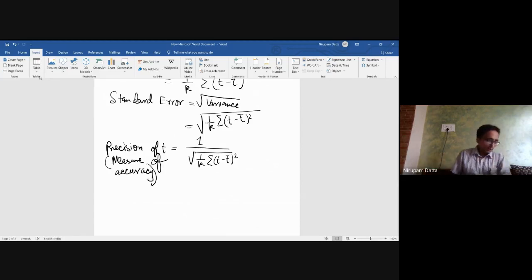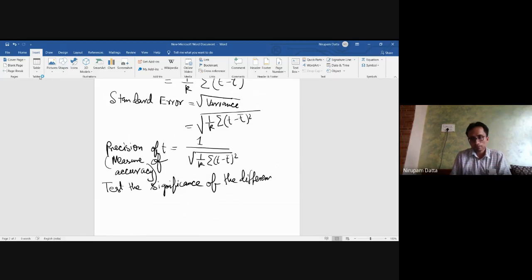Okay. Next, we would like to test the significance of the difference between the sample mean of the sampling distribution and the population mean. So whether the difference between the two is due to fluctuations in the sample, or there is a significant difference or not.